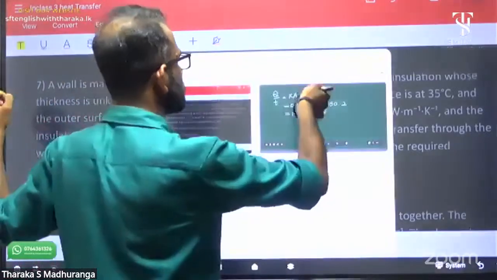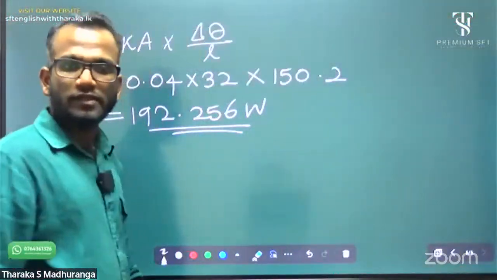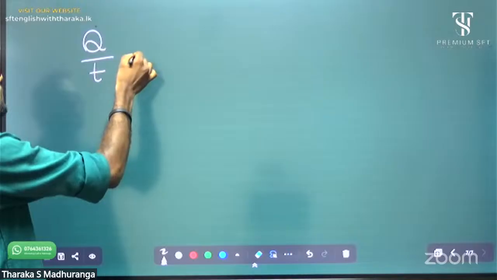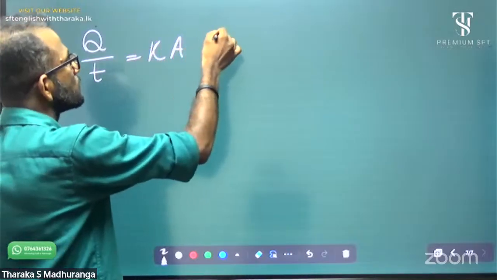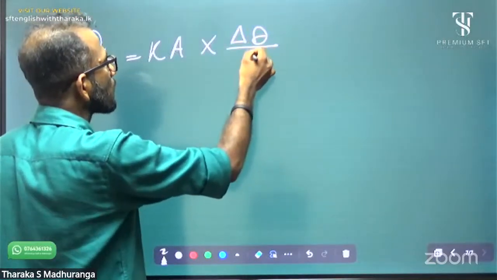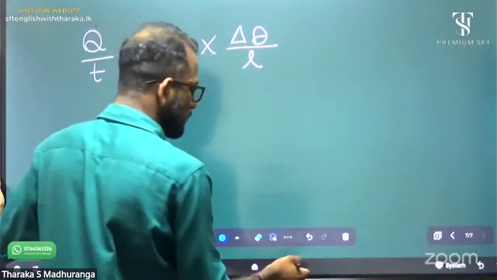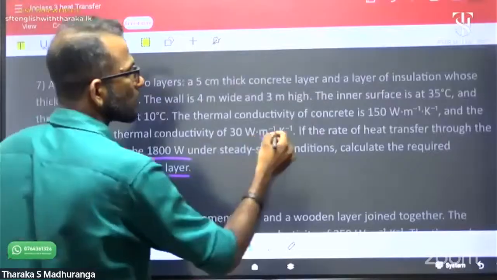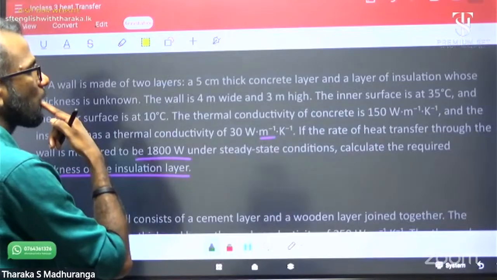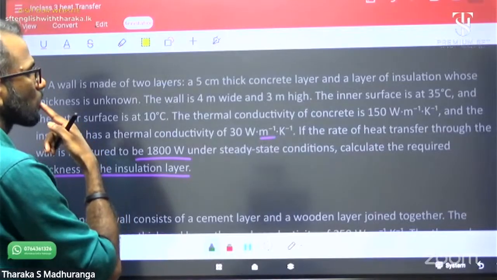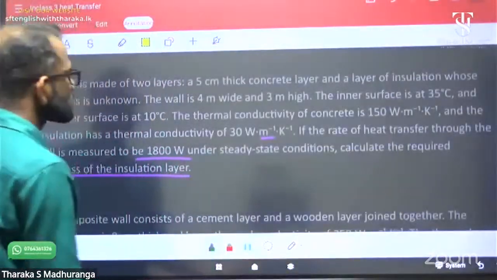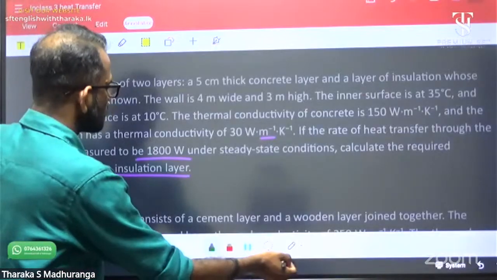Okay, same type of question, right? Now the thermal conduction rate is given. Thermal conduction rate is given, Q over T equal K A delta theta over L. The thermal conduction rate is 1800.